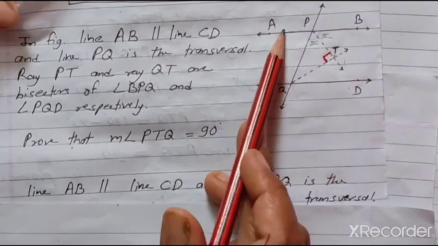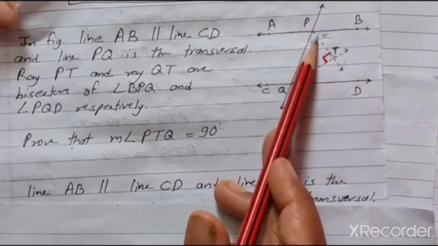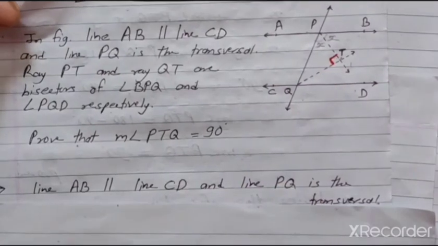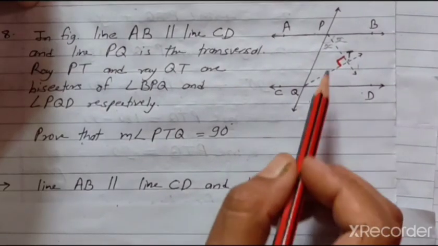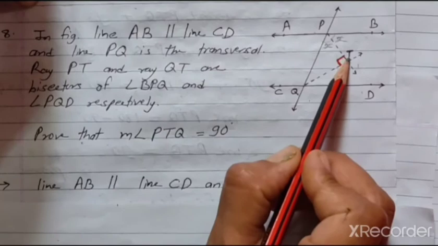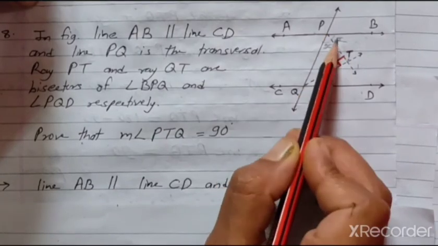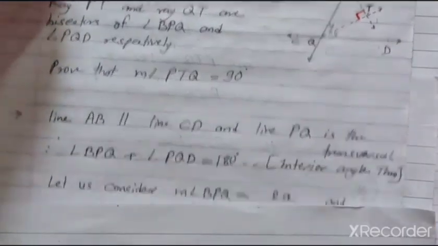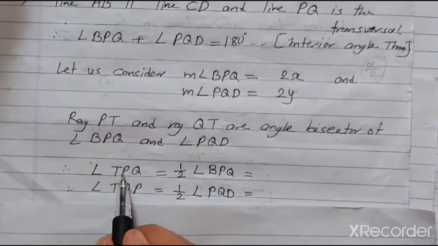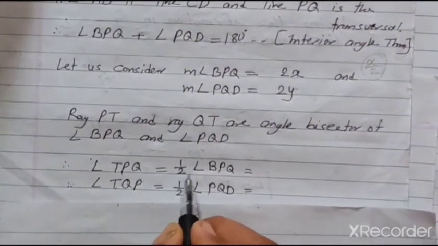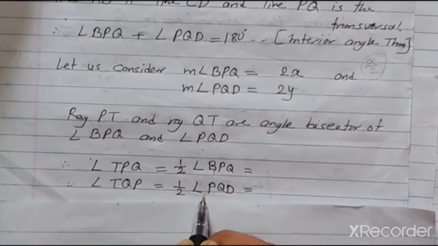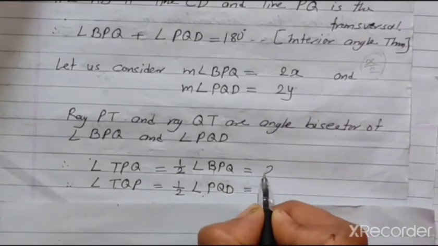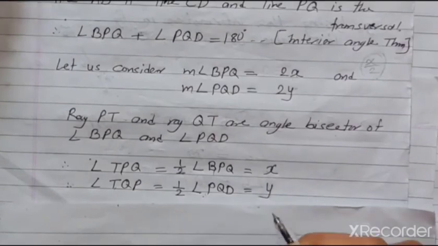So by using this, if these two rays are angle bisectors, then the measure of angle PBT and angle TPQ is equal to x. Similarly here y and y. So these two angles are half of their actual angles, which is equal to x and y.